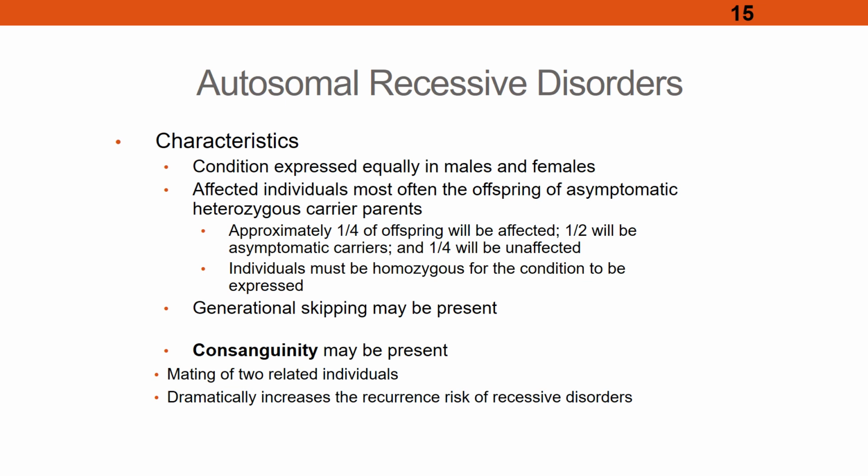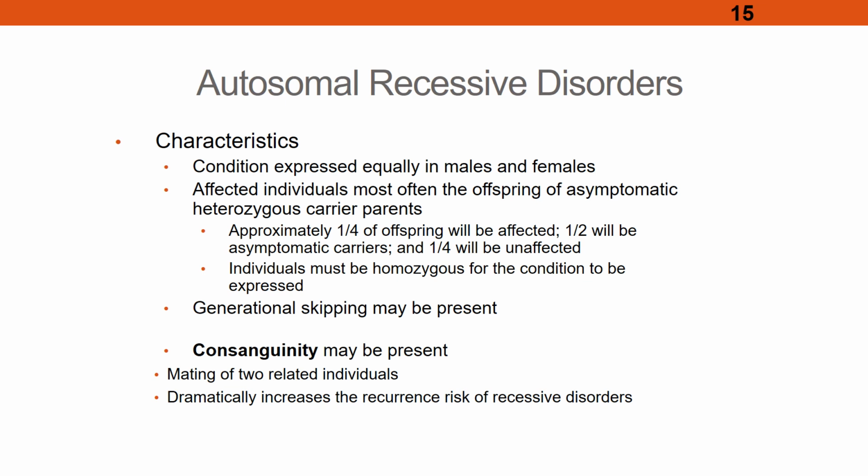The probability of autosomal recessive disorders can be increased significantly if 2 related individuals mate and have offspring. It dramatically increases the recurrence of recessive disorders.